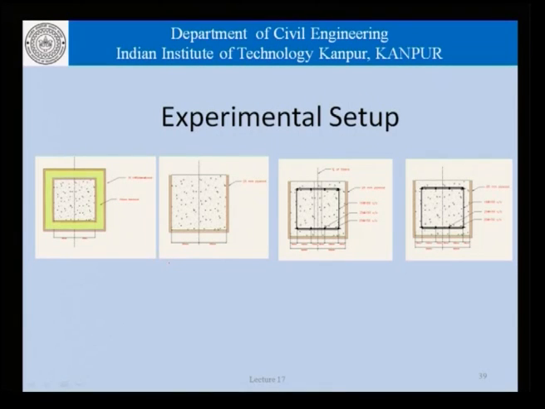This picture shows the experimental setup which was used. This is a plain concrete block that was cast. This here is a reinforced concrete block that was cast, and this here is a reinforced concrete block cast with a sleeve, where water was run to simulate the conditions of pipe cooling or post cooling.